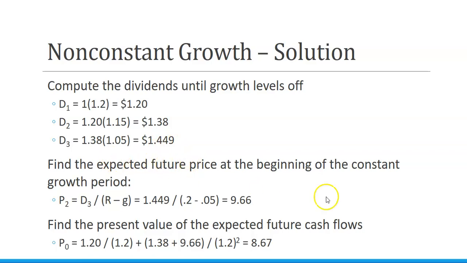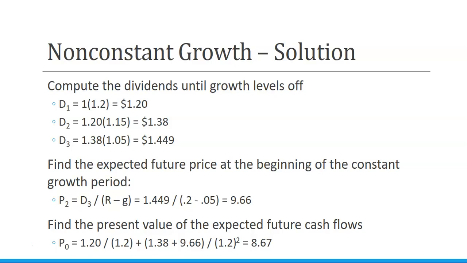So to find the expected future price at the beginning of the constant growth rate, what is the expected price at year 2? We take the third dividend of $1.45 divided by our required rate of return of 20% minus that growth rate of 5%. And that gives us a price of $9.66.